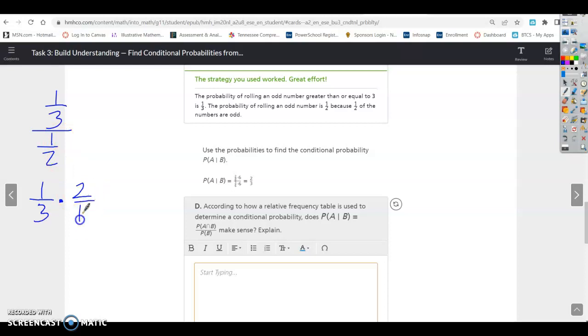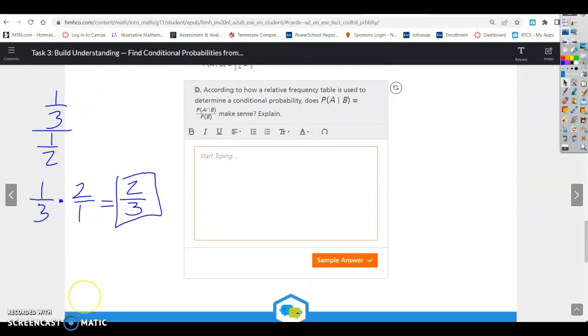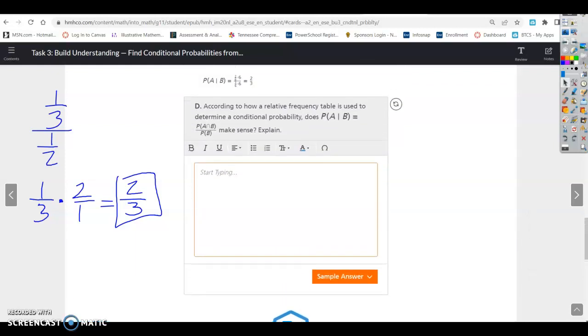This is just like from elementary school when you learned about fractions. So 2/3 would be the probability. Does that make sense? Yes, that does make sense. That's all for Task 3. If you have any questions, let me know.